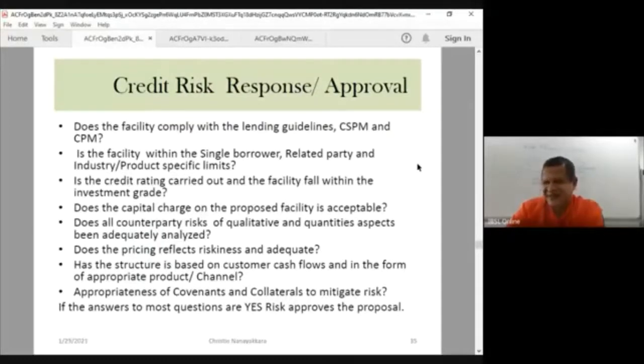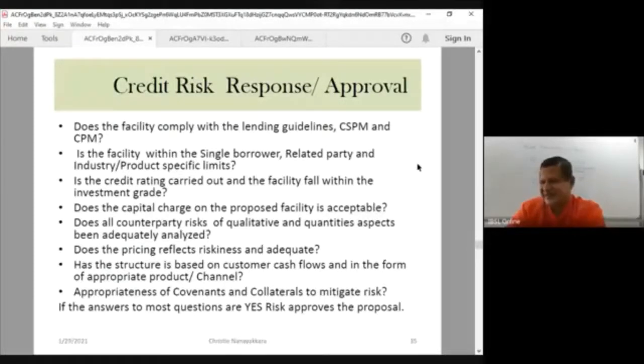That means you don't give revolving import loans for 1 year. You give revolving import loans generally for 90 days because you know the goods being imported are for sale, so any proceeds of this sale need to go into settling this revolving import loan. So based on cash flow, you give the facility.